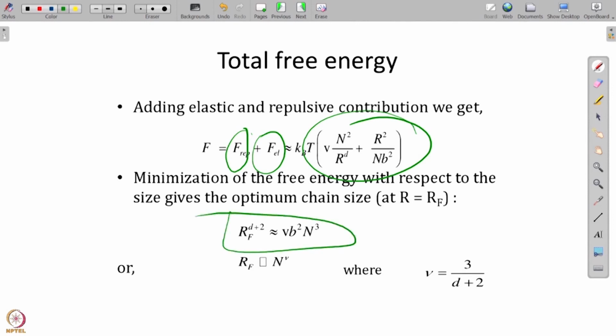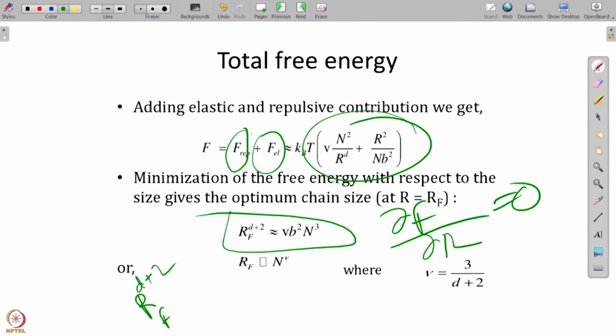Now you minimize that, and lo and behold, you get one of the most beautiful results of polymer science. If you minimize that, setting dF/dr equal to 0, then you get r star to the power d plus 2 equal to n cube, and r is n to the power 3 by (d plus 2).